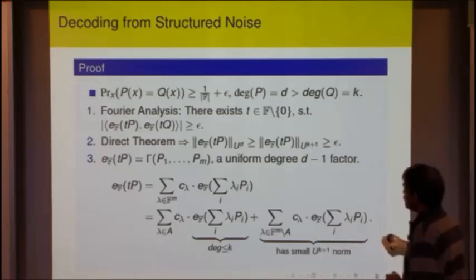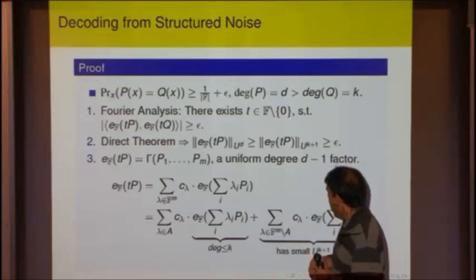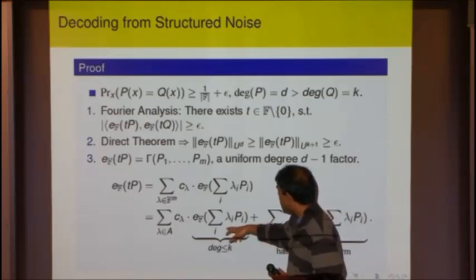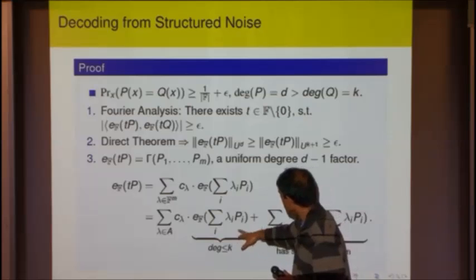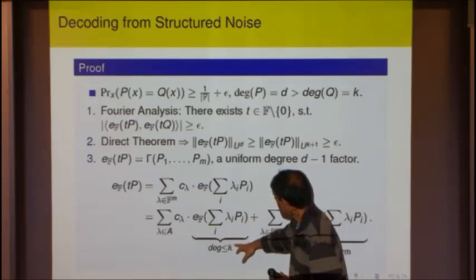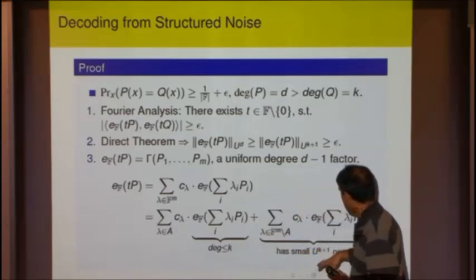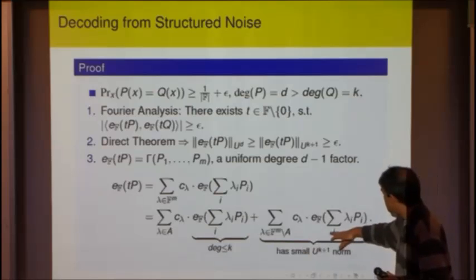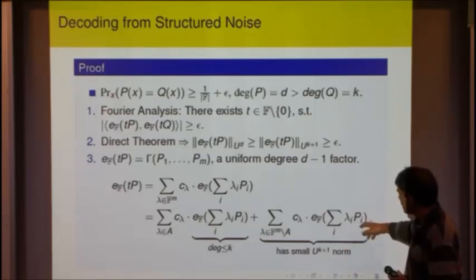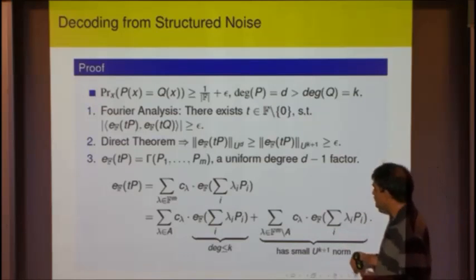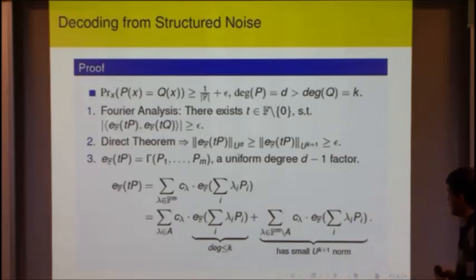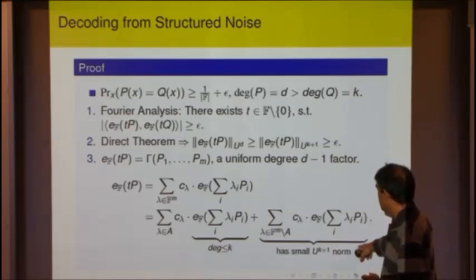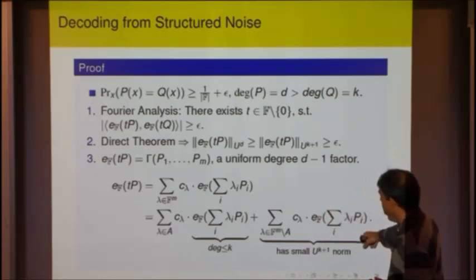Once you do Fourier analysis, we again have Fourier coefficients. Some of these involve polynomials whose degree is at most k, and these are greater than k. You use the fact that these polynomials are nearly orthogonal to each other to deduce that this part has small U^(k+1) norm. Okay.